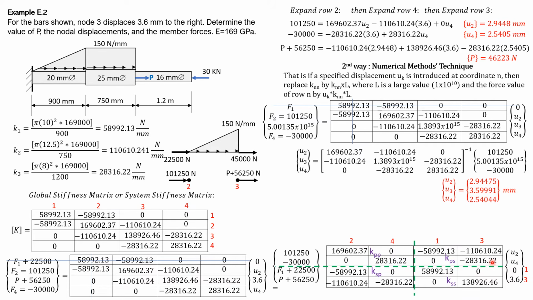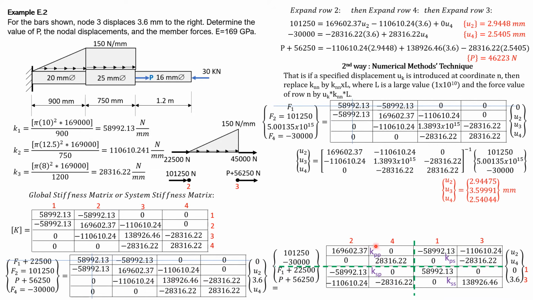Then row 3, column 4, this one. So that's why they are equal. And so on and so forth. So I hope you know how to transfer values here. Remember, they are also symmetrical. That's it. Just look at the numbering.